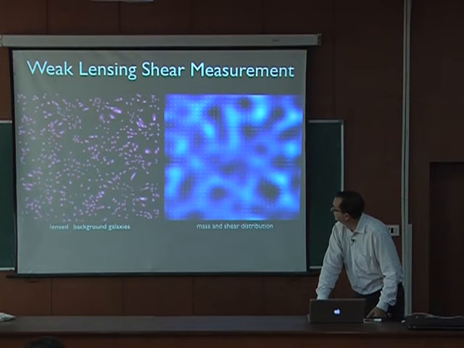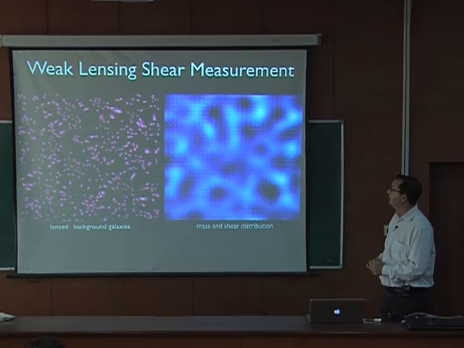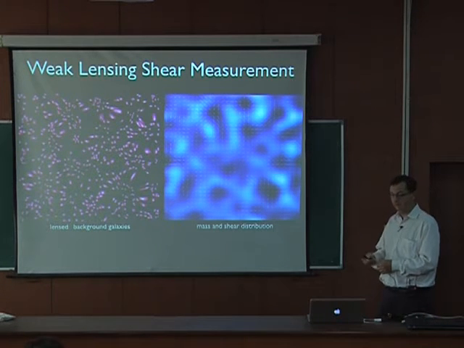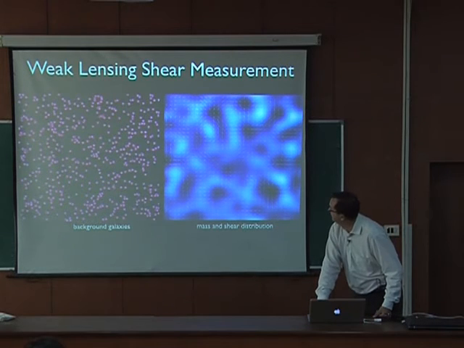I'm switching between the two, so they would be distorted. Here the effect has been enhanced by an enormous factor, so we can see it by eye. In practice, it's a very small effect. It has to be measured carefully statistically, as I'll explain a little bit later. But the idea is still illustrated by this.